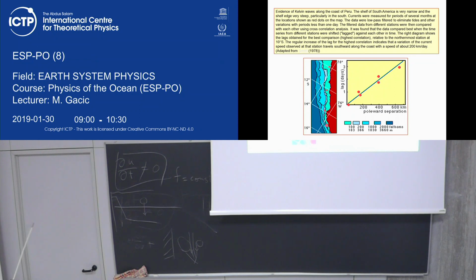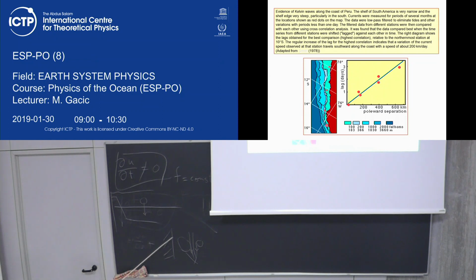So here is the evidence of Kelvin waves along the coast of South Peru, and you can see that the shelf is very narrow and very steep.